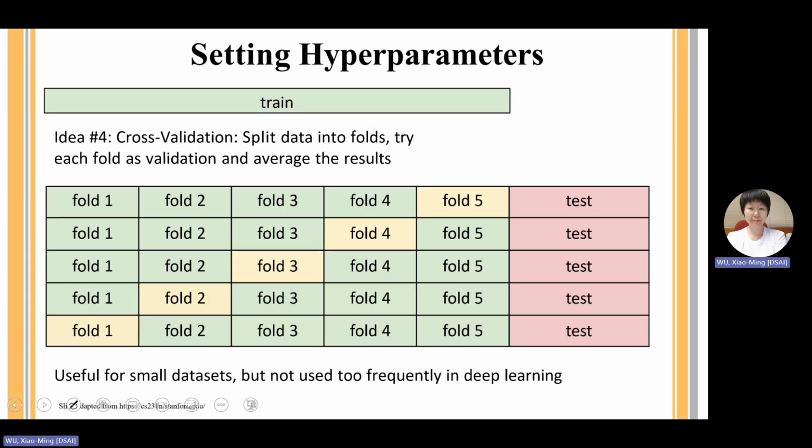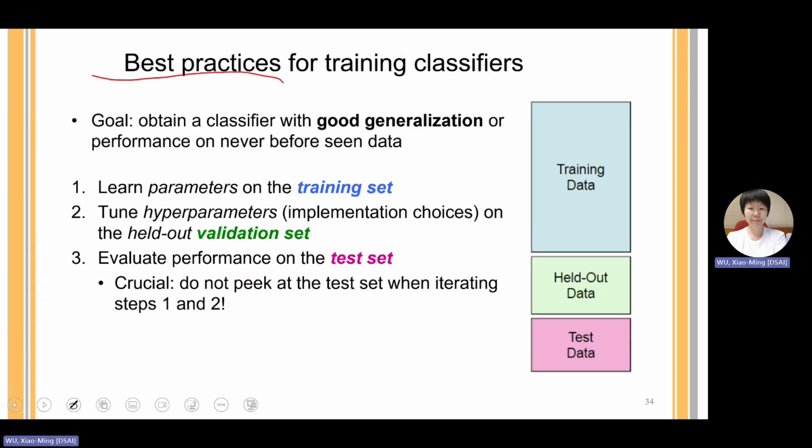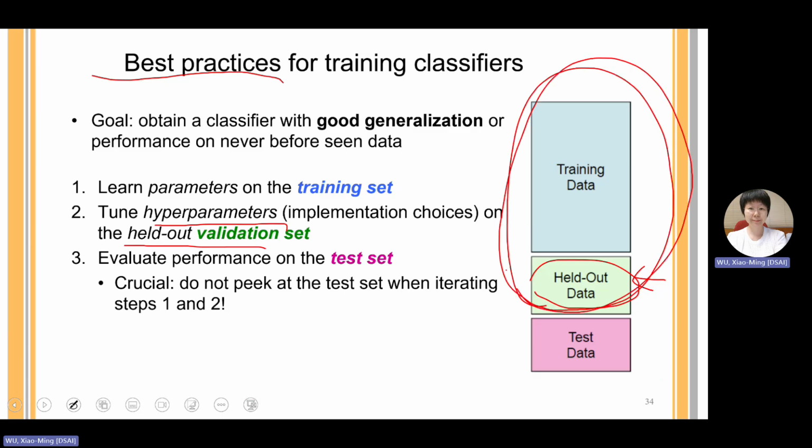So the best practice is to use the validation set for selecting hyperparameters and to do the training. And when everything is completed, you test the performance of the model on the test data. Do not peek at the test set when iterating the two steps.